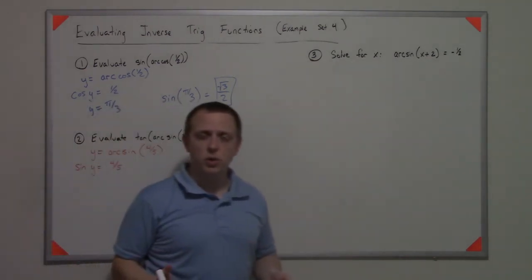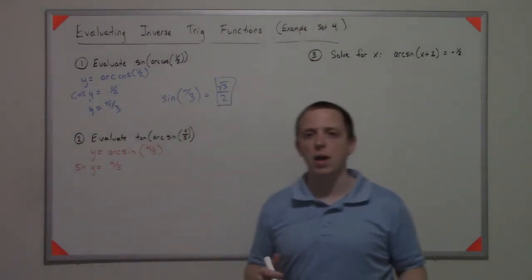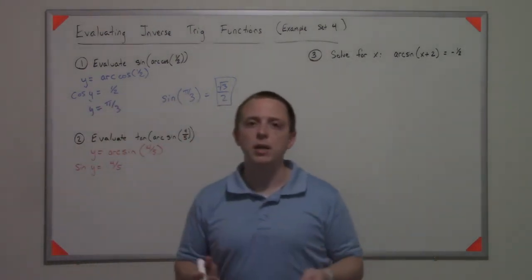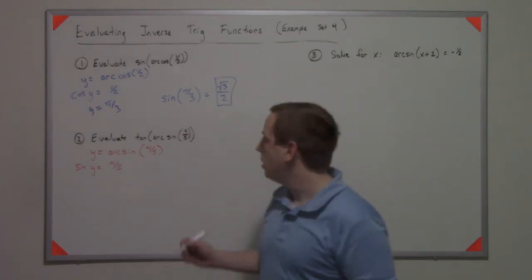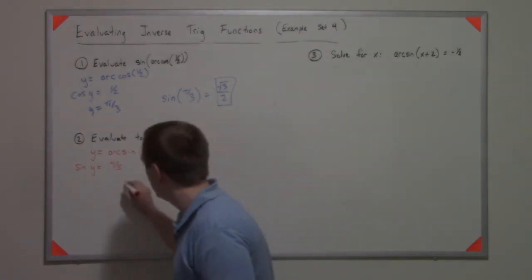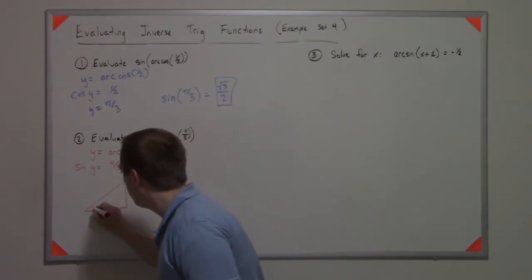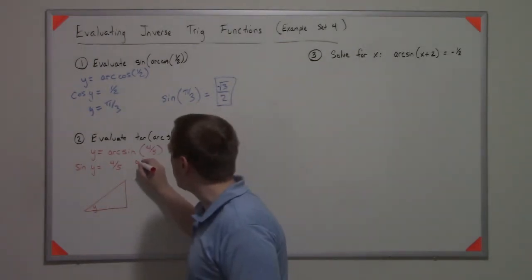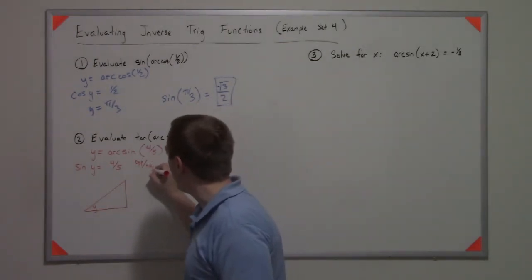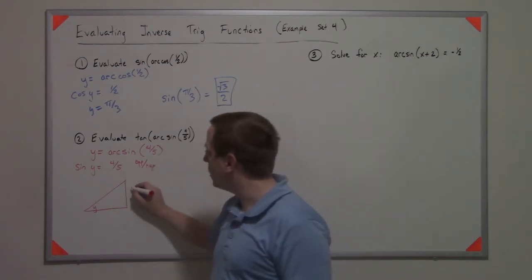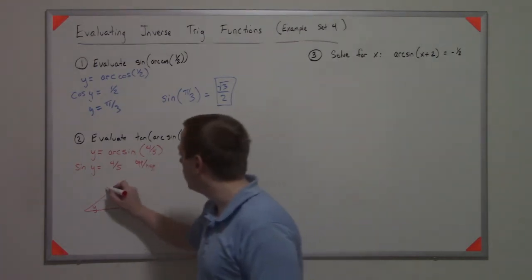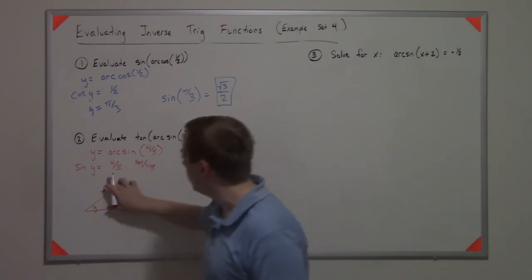There's not a unit circle value that gives me sine of y equals 4 over 5. So I need to construct a triangle. y is here, and this is opposite over hypotenuse. So the opposite side is 4, the hypotenuse is 5.